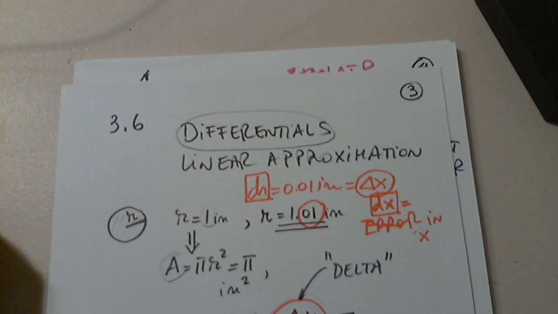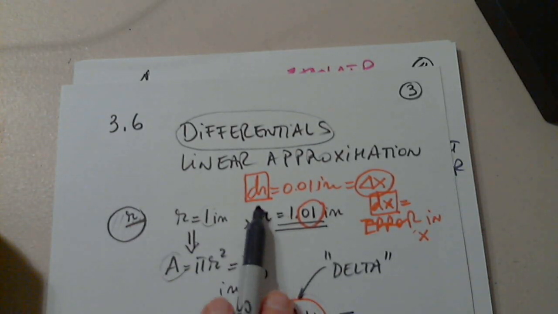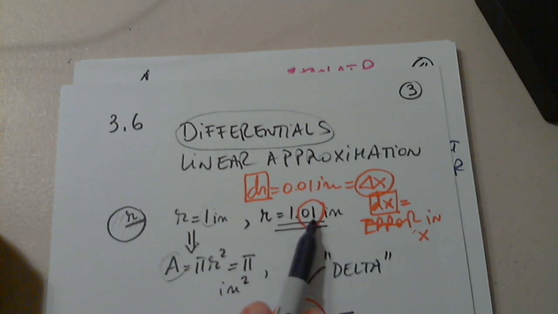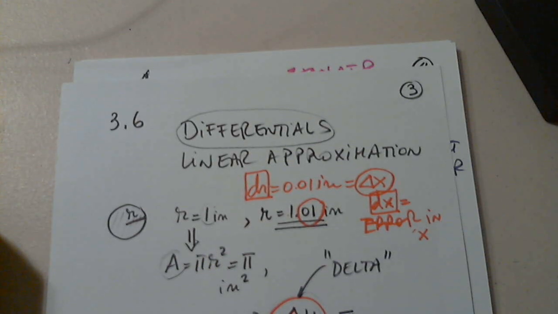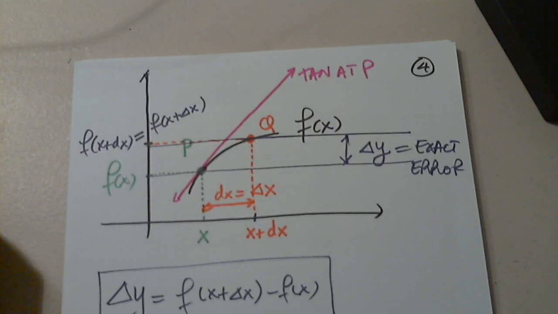It will be delta A is A of 1.01 minus A of 1. Good.